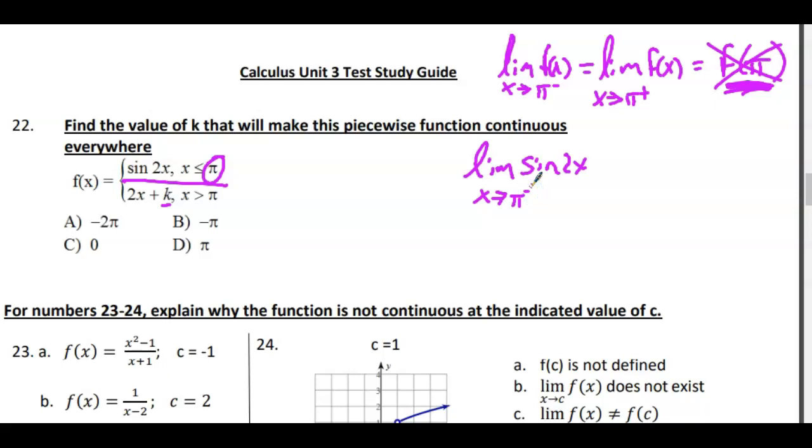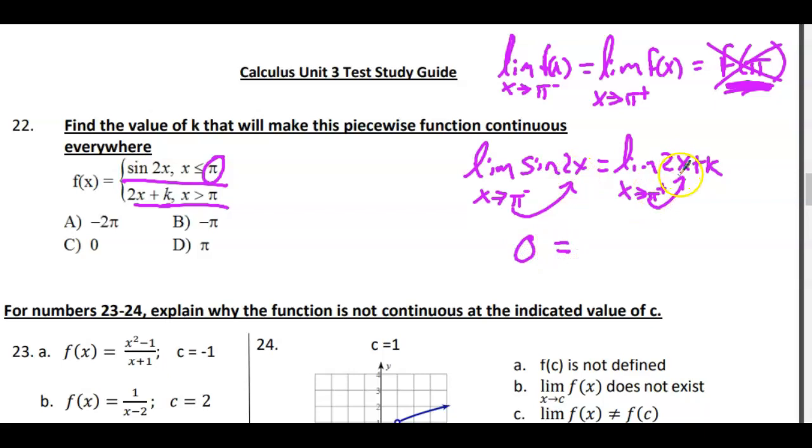Now from the right, greater than pi is here. So the limit as I approach pi from the right applies to this piece of my function. In this case, for both of these, we're just going to do direct substitution. So plug them in for x, right? So sine of 2 pi is 0.